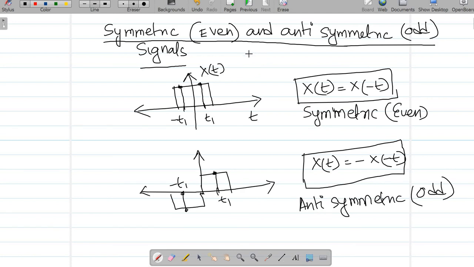Any signal, let us say if I have a signal x of t, can be represented as having an even part and an odd part. Some signals by themselves will not be even or odd signals, but the signal can be decomposed into an even part and an odd part.